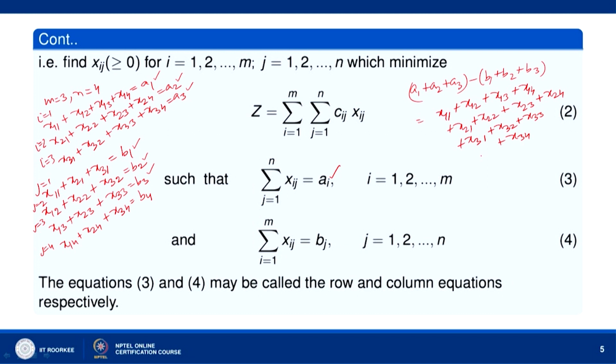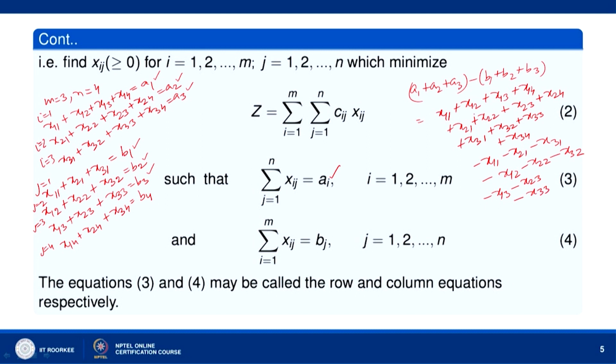Then minus x11 minus x21 minus x31, minus x12 minus x22 minus x32, and minus x13 minus x23 minus x33.